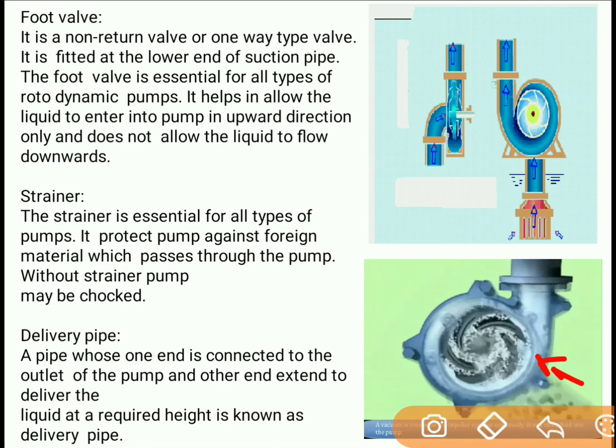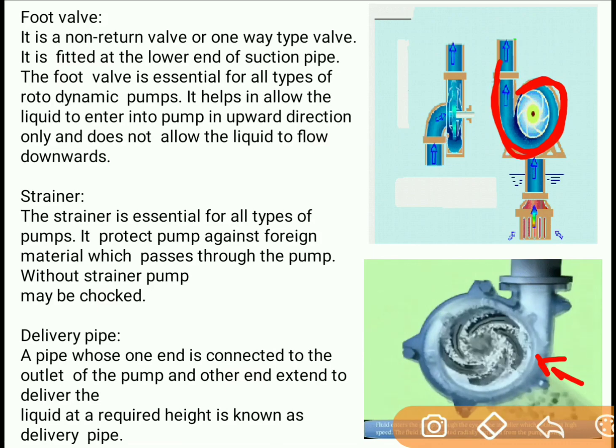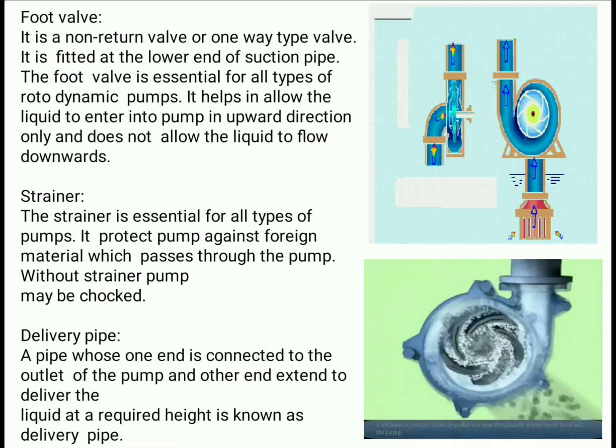As the liquid is pushed radially outward, because of the centrifugal force, the kinetic energy and the pressure energy will increase. Now as you see, the area between the casing and the impeller is gradually increasing, which causes the kinetic energy to convert into pressure energy.